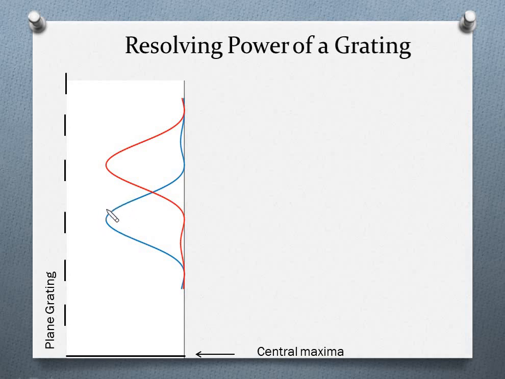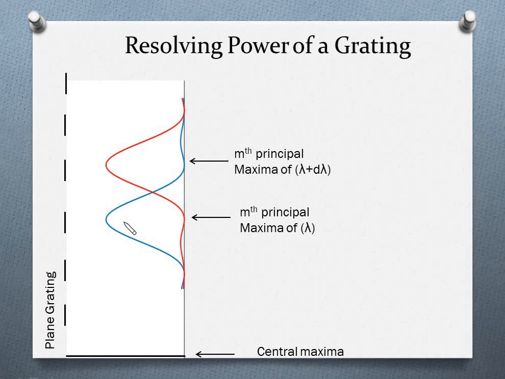So we are considering the mth order principal maxima. This is the mth order principal maxima of wavelength lambda. This is the mth order principal maxima of wavelength lambda plus d lambda, and we are considering here that both satisfy the Rayleigh criterion, because we need to resolve them.